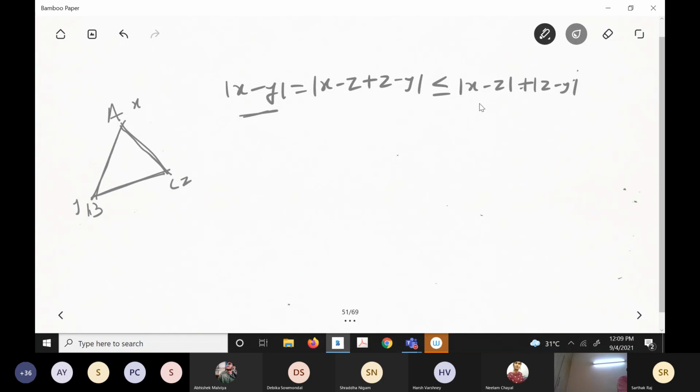So this is the triangle from the high school geometry you did: the sum of the lengths of two sides is always greater than or equal to the length of the third side, right? Here, x minus z is AC. I say the line segment, not the entire line. Line segment AC, its length you are taking, and BC. So this gives you the so-called triangle inequality.